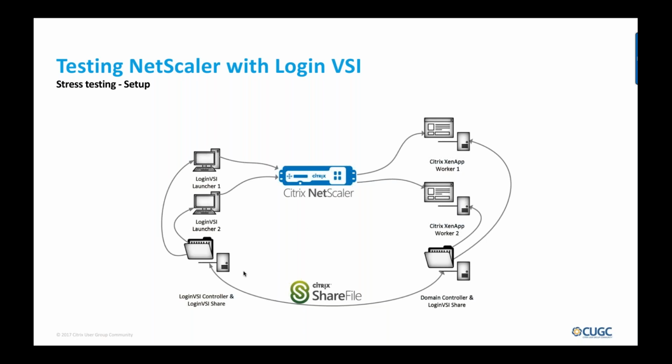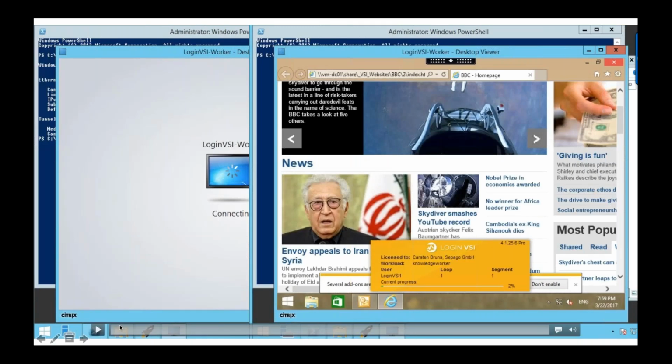In your Login VSI share, you will have configuration files and also some scripts, and some of them will be created just when you start a test. So you have to sync it to your Azure environment so that the XenApp server also has access to these files. It takes a little bit of time to configure, but it will work so that all launchers can start sessions in my XenApp environment. I've created a short video to show you how this works.